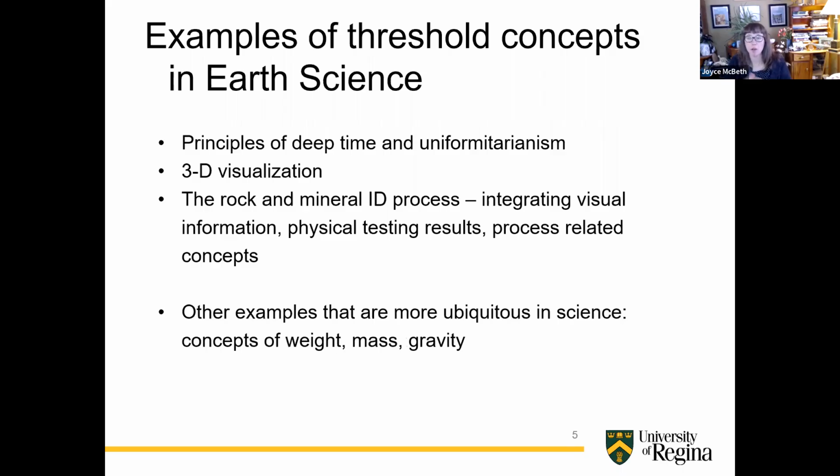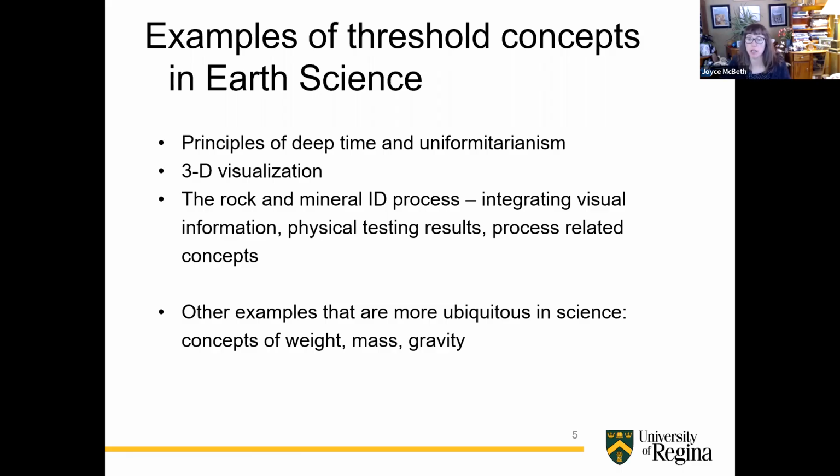If all this geology stuff's not for you, I have some examples here that are more ubiquitous in science and in life in general. So the concepts of weight, mass, and gravity. People learn about this in their childhood and high school years. These three concepts, once you know them, it's impossible to imagine a world where you didn't know what gravity is, right? It's just part of your everyday life, but it's so critical for so many ways in which we view the world.